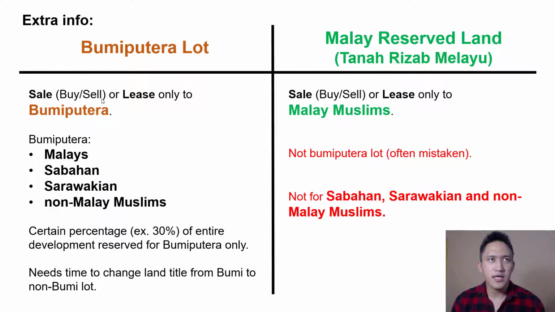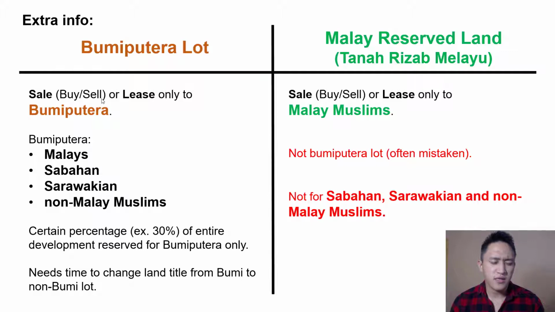And okay, there's actually a law set by the government. When a developer wants to build a service apartment or a condominium, they have to reserve a certain percentage as Bumi Putra lots. So for example, in Klang Valley, most of the condominiums or service apartments, they have to reserve 30% of them just for Bumi Putras as Bumi Putra lots.